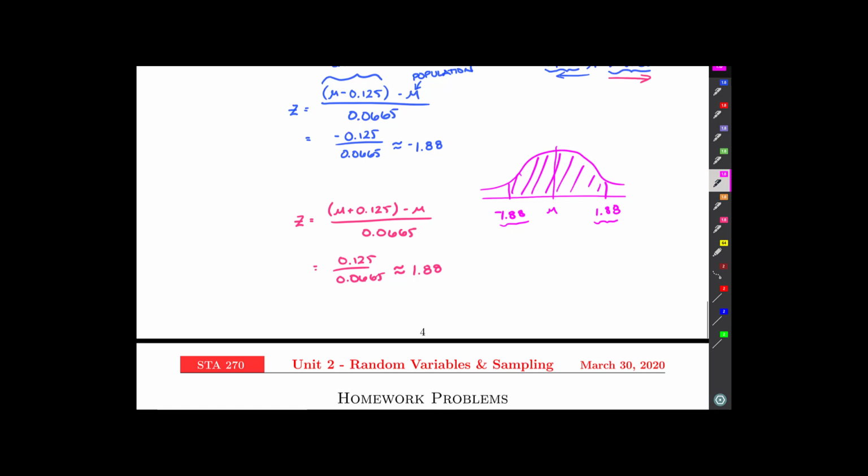But when we take the z-score value for 1.88 minus the z-score value of negative 1.88, we get 0.9398, which means that approximately 94% of all samples of male babies have a mean birth weight within 0.125 pounds of the population mean.